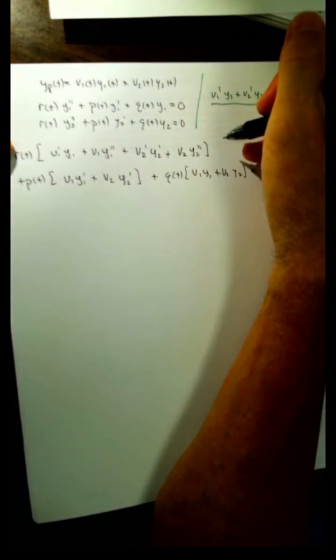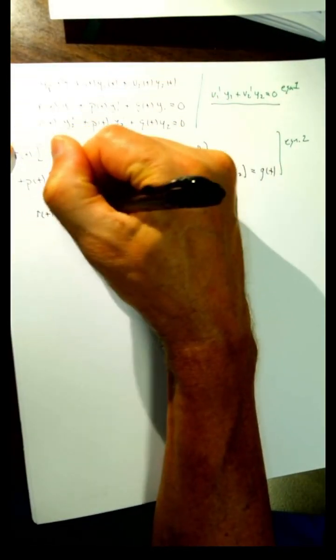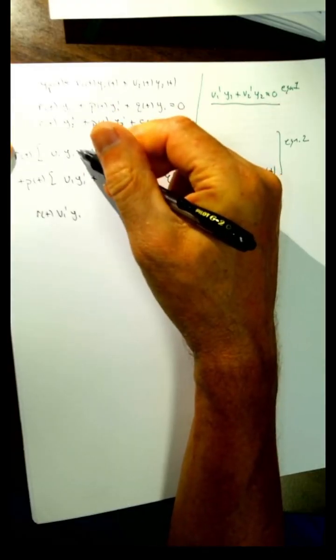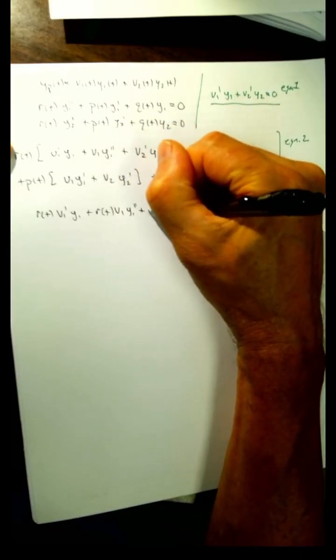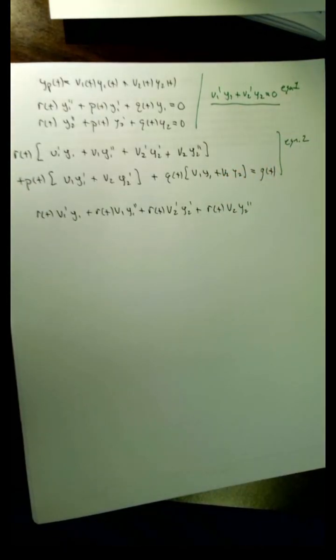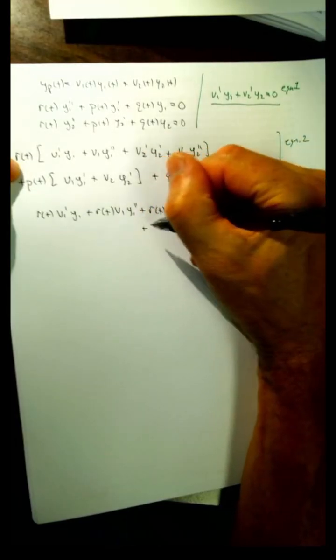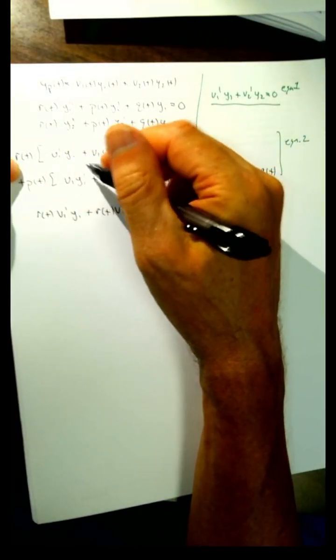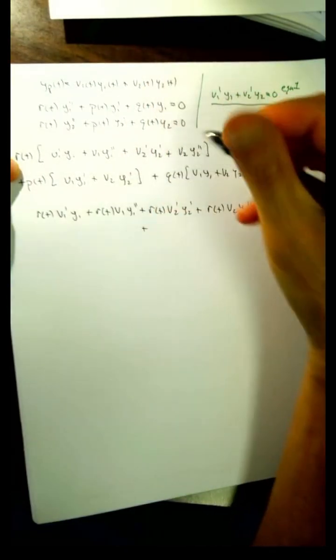All right, so I'm just going to expand this out as far as I can go and then start collecting terms. So multiply the r of t through. So I get r times v1 prime y1 plus r times v1 y1 double prime plus r times v2 prime y2 prime plus r times v2 y2 double prime. Okay, so now, be careful here. Let me keep the v1s and y1s alike.